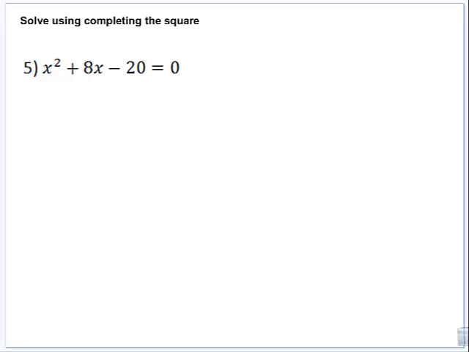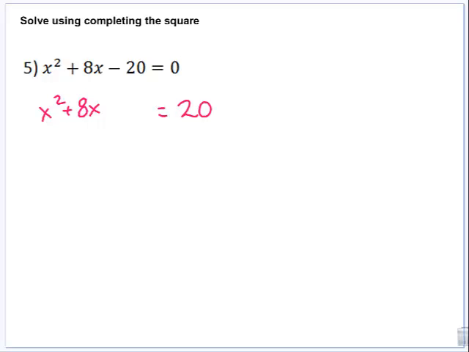So we want to create x squared plus 8x into a quadratic that is a perfect square. In order to do that, the x squared and the 8x need to be alone on the left-hand side of the equation. So that means I have to add the 20 over. And I'm going to leave a space after my 8x so that I can complete the square.